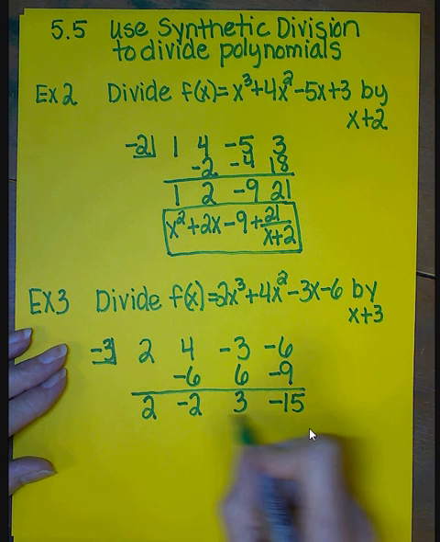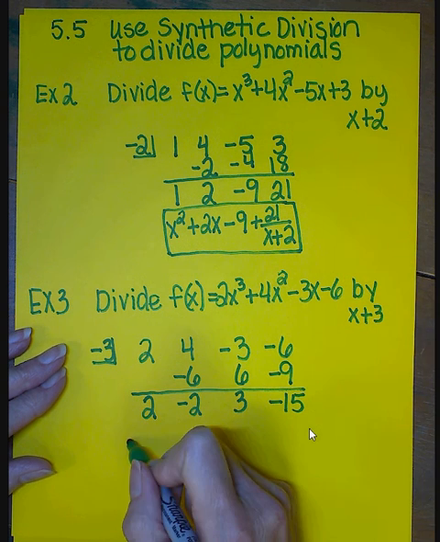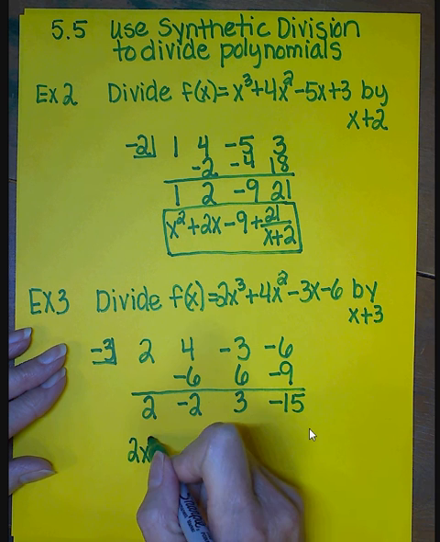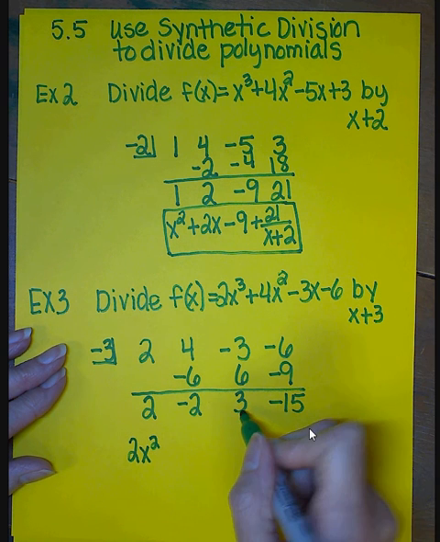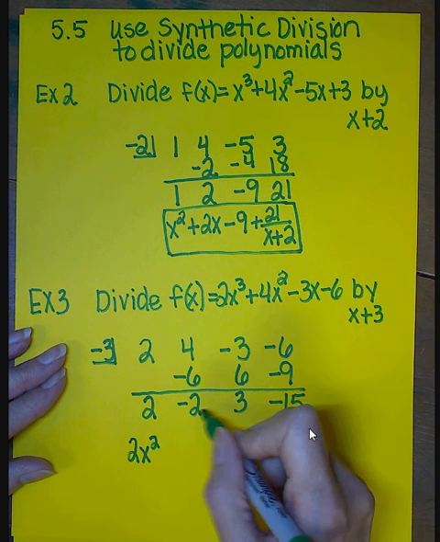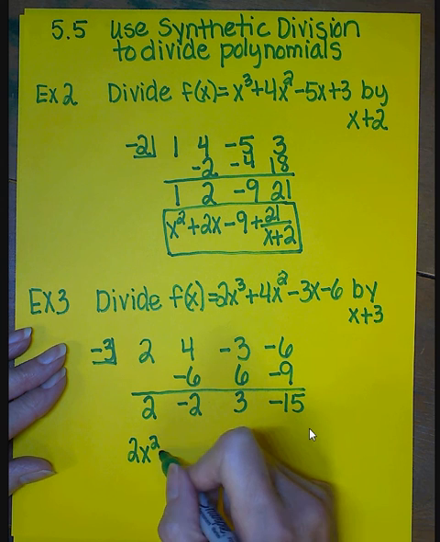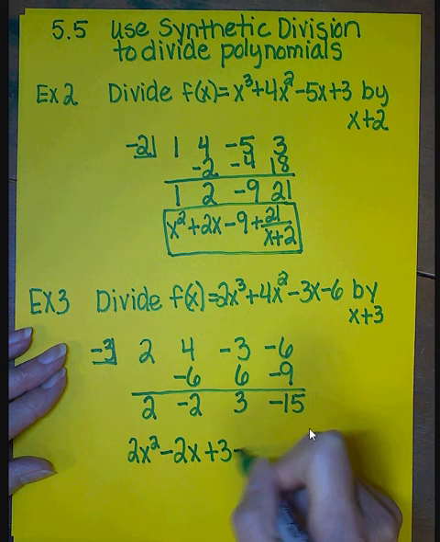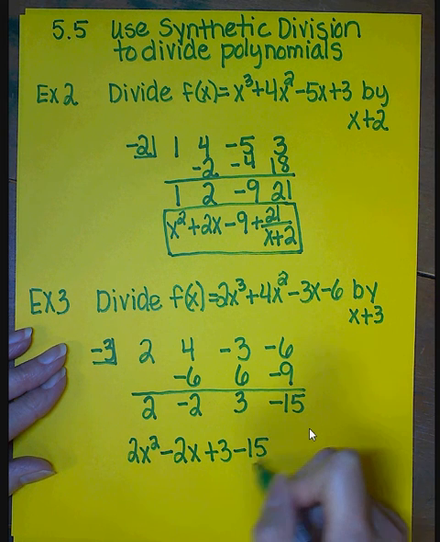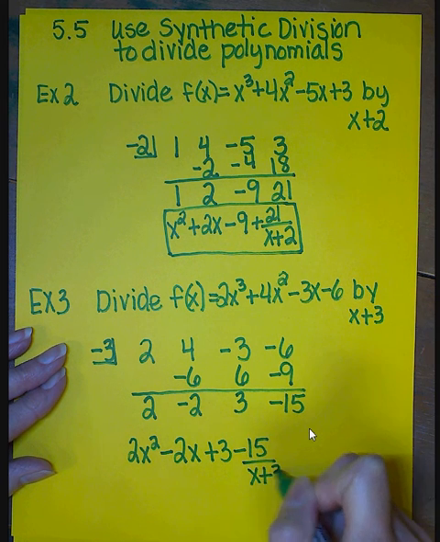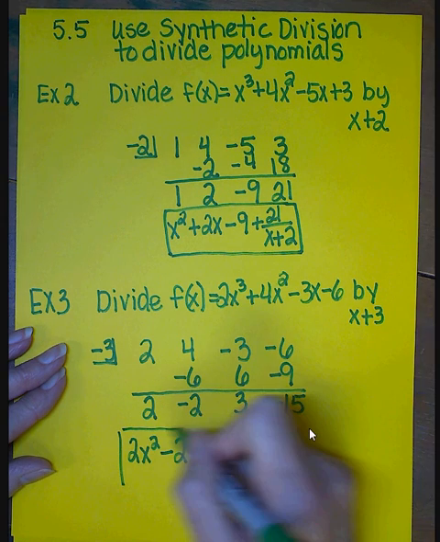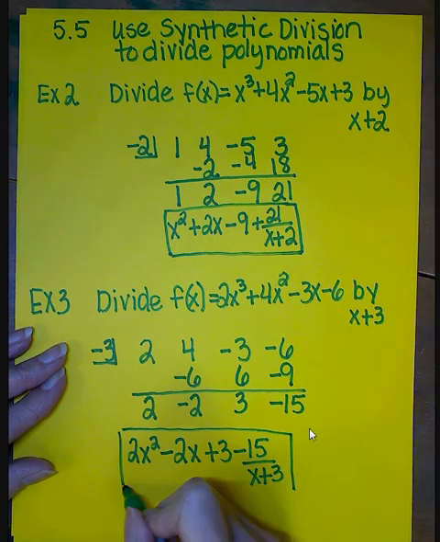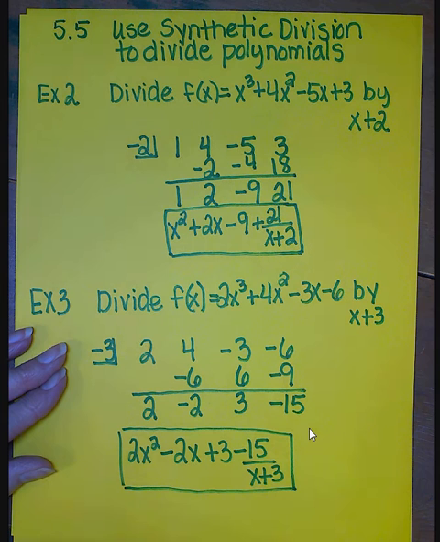These numbers are my coefficients, so again, since there's 3 of them, this would be my constant, this would be x, and this would be x squared. And this would be my final answer to the division problem. You don't always get a remainder, even though on these 2 examples we did.